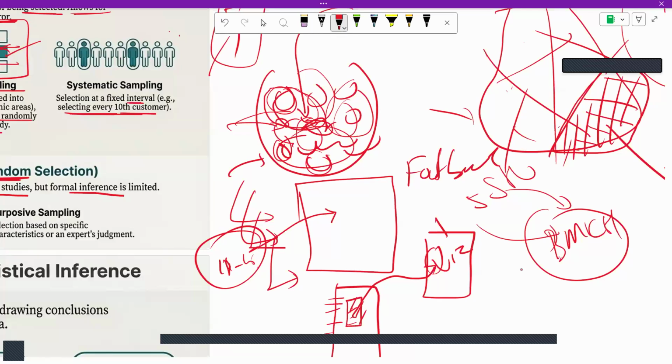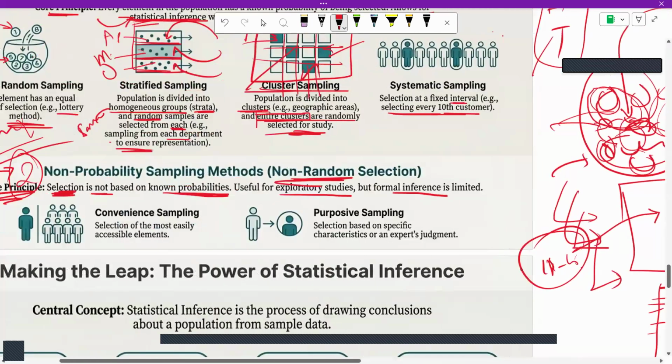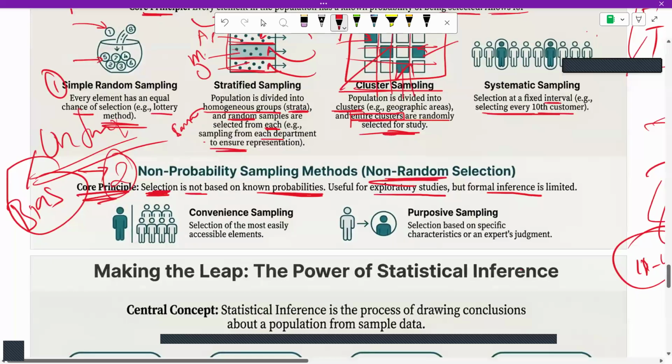It's convenience. So I selected the candidate students based on my convenience. So that's called convenient sampling. The selection is not based on known probabilities. This is useful for exploratory studies, but formal inference is limited.